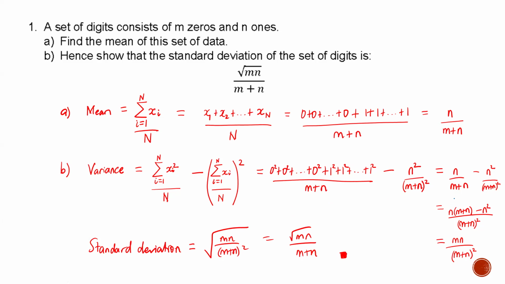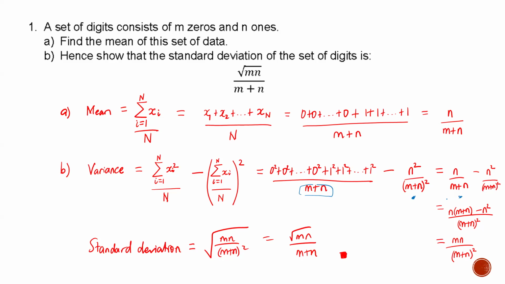Okay. Is variance. So that part where you said you have the 0 squared plus the 0 squared and all that, then minus, no, after equals, then n out of m plus n. This. The next one, n out of m plus n. Yeah, that's confusing me. Okay.